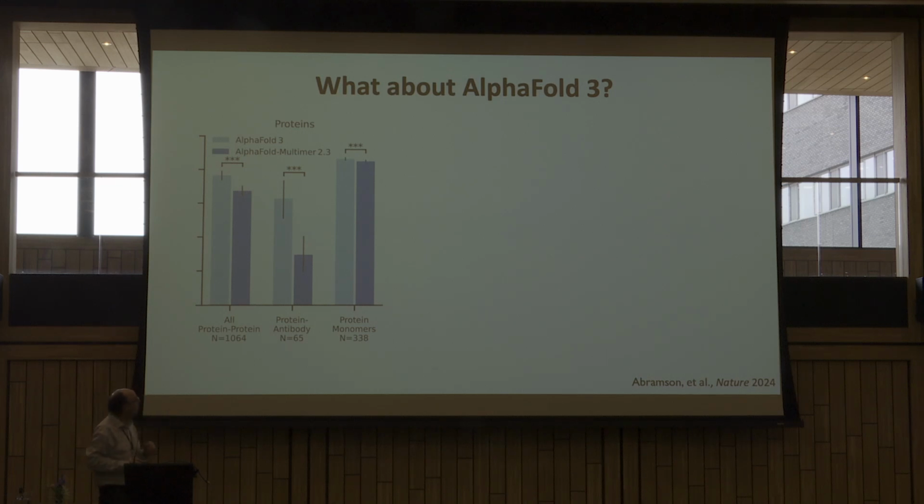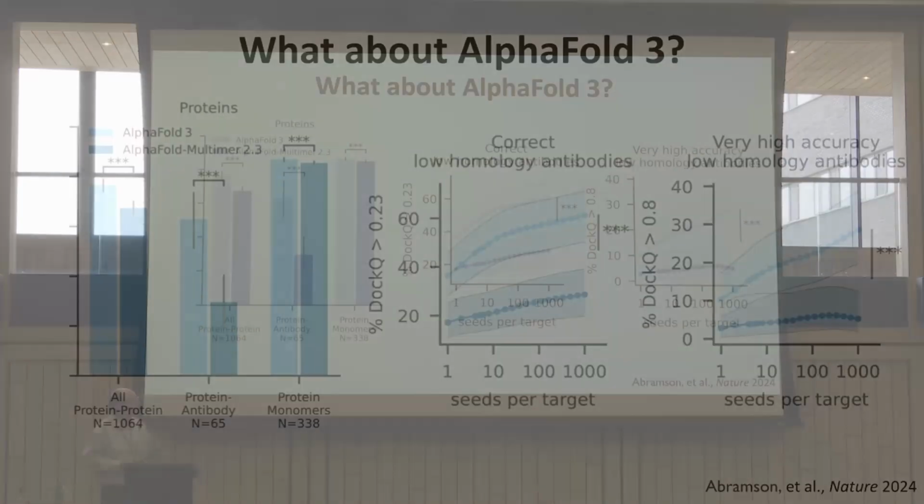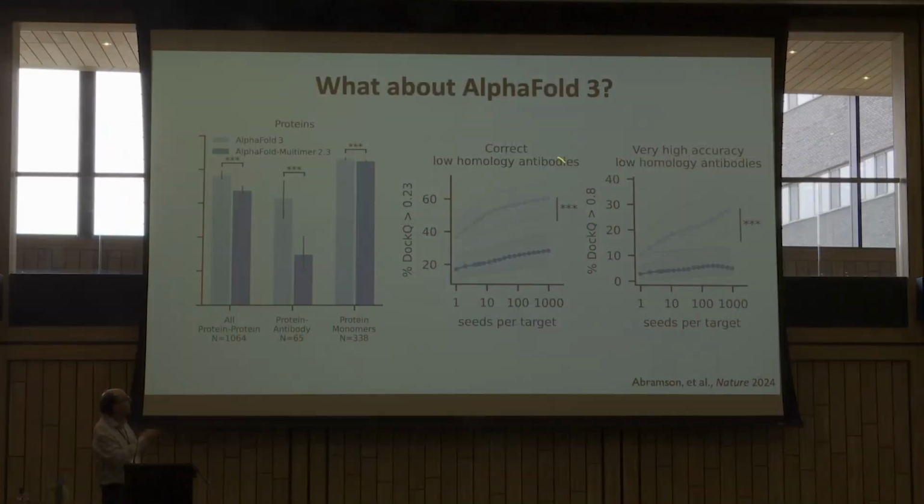But one thing I want to point out is this idea of sampling, and oversampling. What's interesting here is that when you look at low homology antibodies, with either just a fraction correct or very high accuracy predictions, with this oversampling approach, AlphaFold 2.3 used to saturate. So past a certain point, it doesn't really pay to continue to sample. But with AlphaFold 3, the curves just keep going up, right?